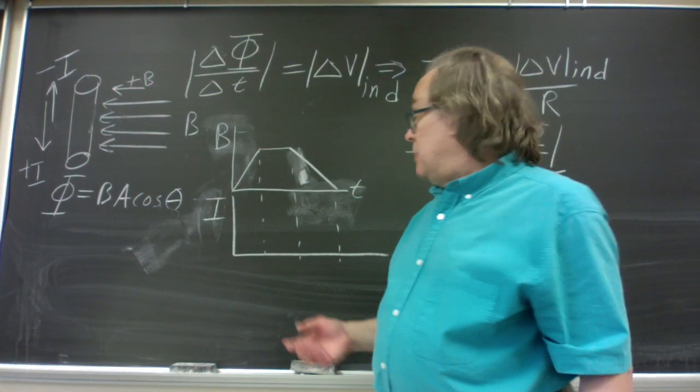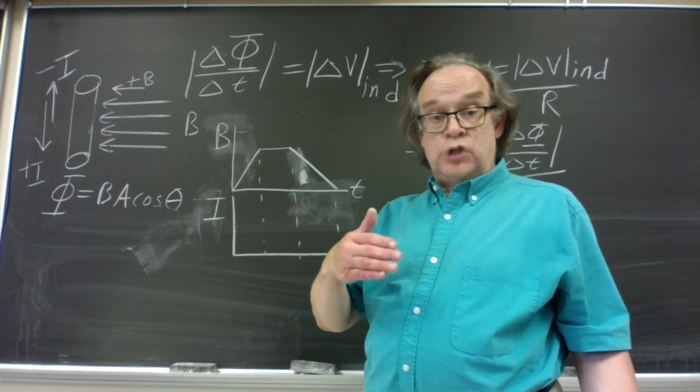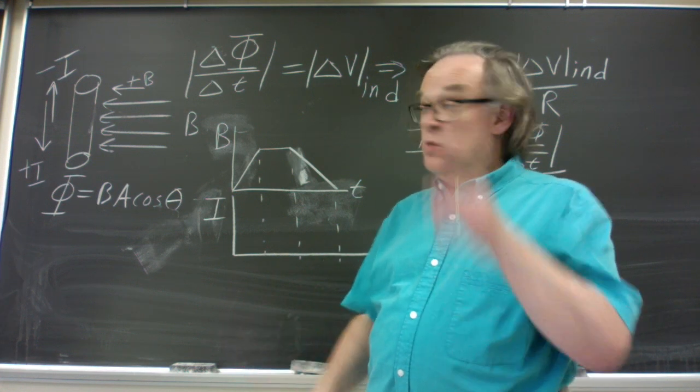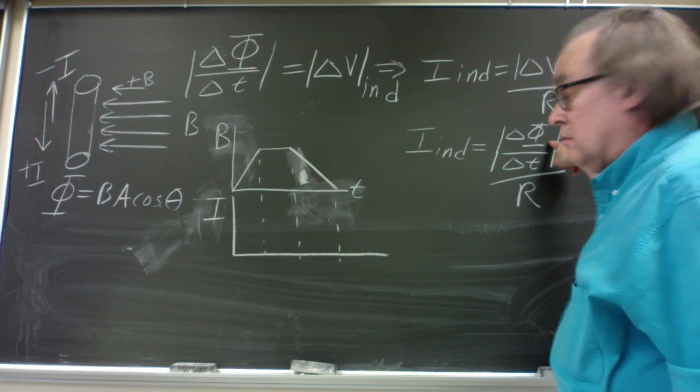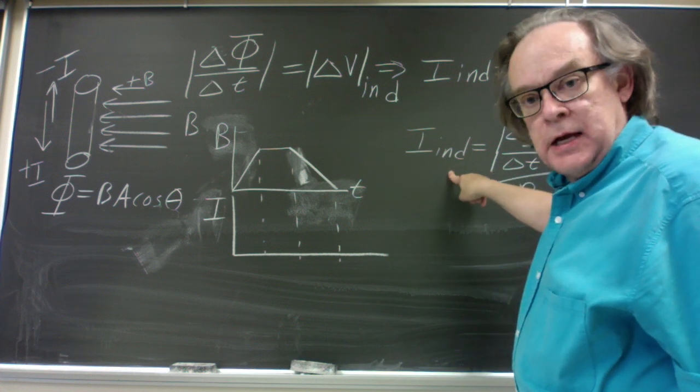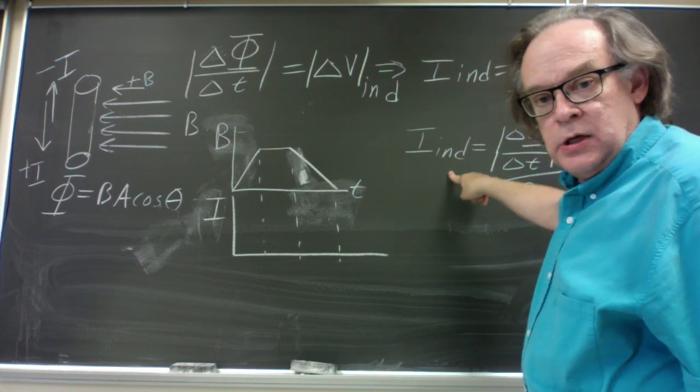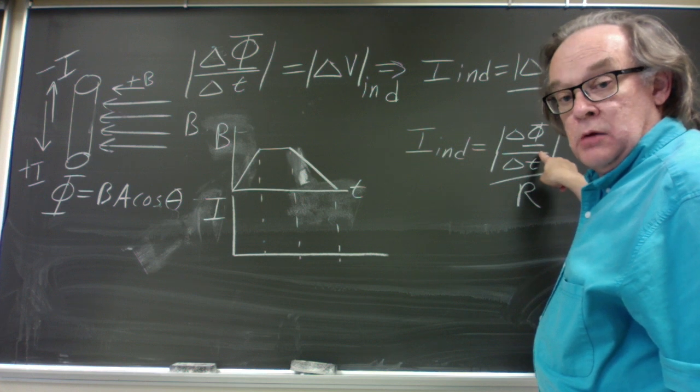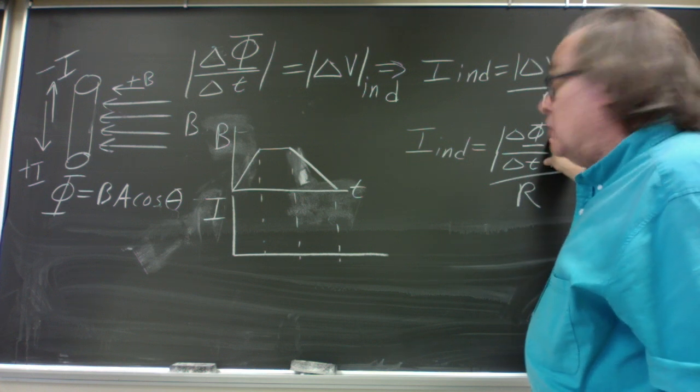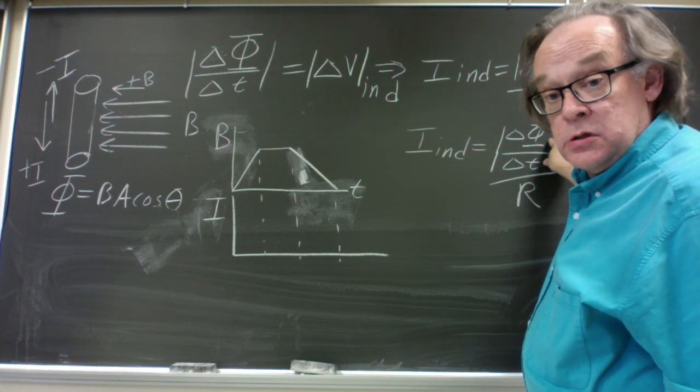Okay, so we know that during this time we have positive current. And is that positive current changing or constant? Well, here's the rule. This is that positive current that's been induced, and it's proportional to the rate of change of flux.